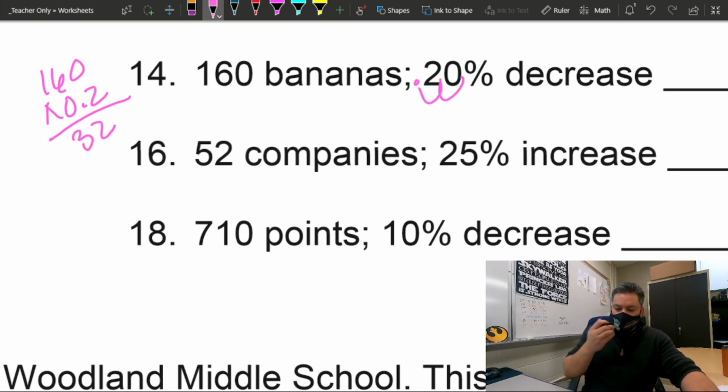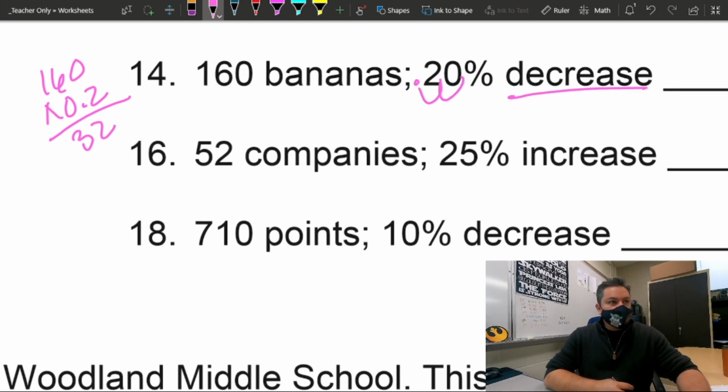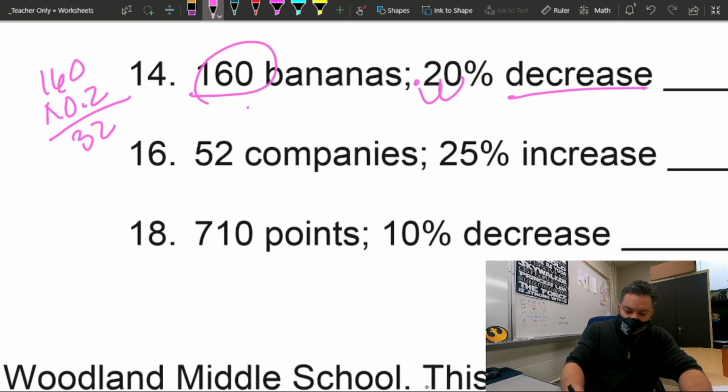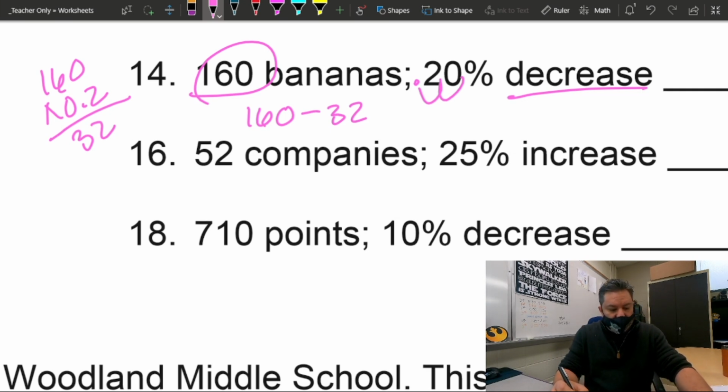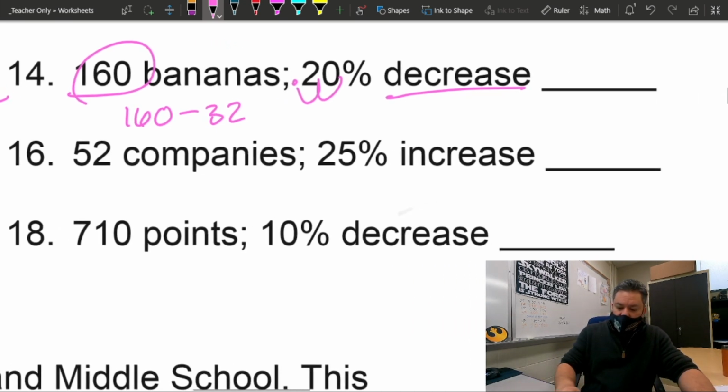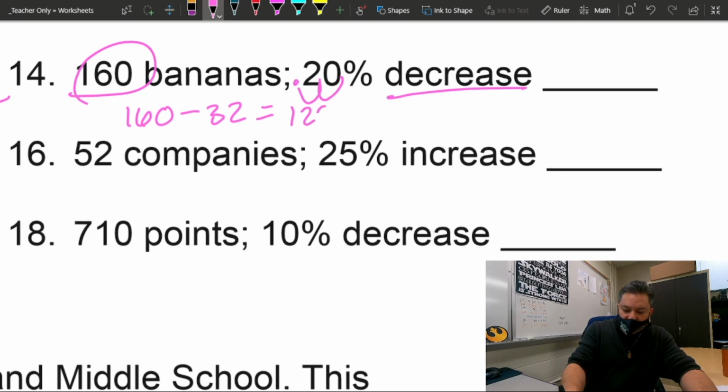Now in this case, it's a decrease. So we have to add or subtract? Subtract. So 160, which is my original, minus 32 gives us 128. So my new amount is going to be 128 bananas.